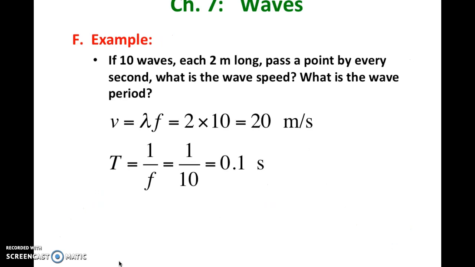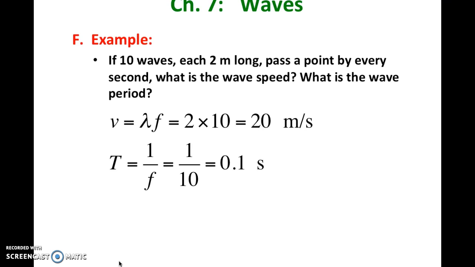For example, find the wave speed and the period if 10 waves, each 2 meters long, pass a point every second. From the wave speed formula, we have v equals lambda times f.